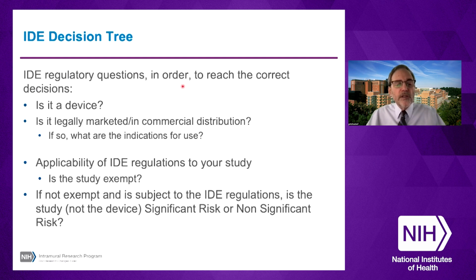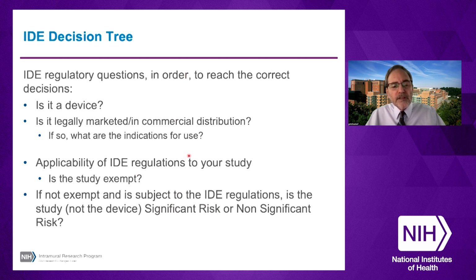And it's important to do these in order. Sometimes people will start trying to decide if it's a significant risk or non-significant risk study before they even figure out whether the IDE regulations apply. Or having determined that it's an exempt study, I'll see IRB protocols where they decided it's exempt, but they continue to do a risk study.